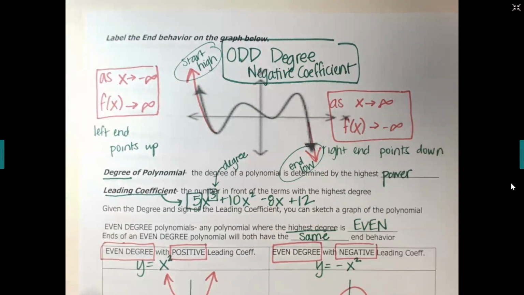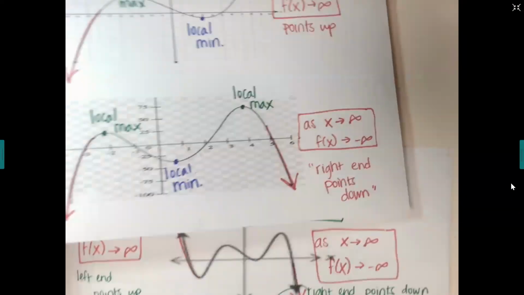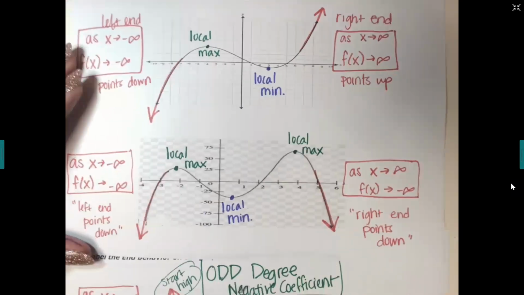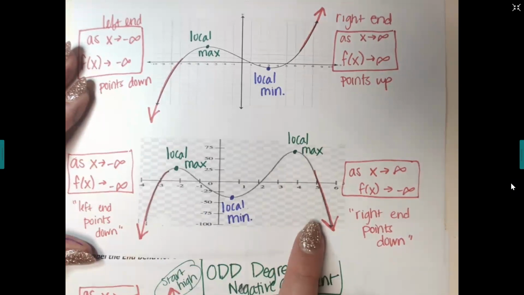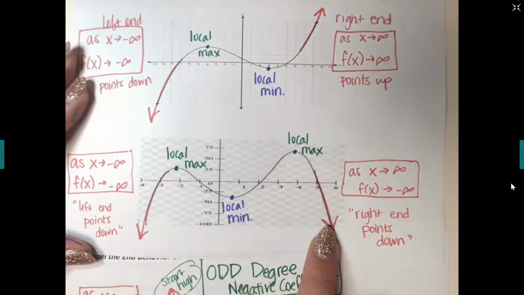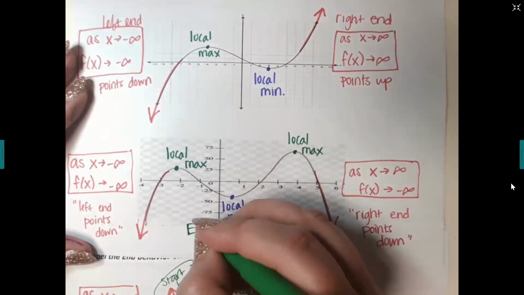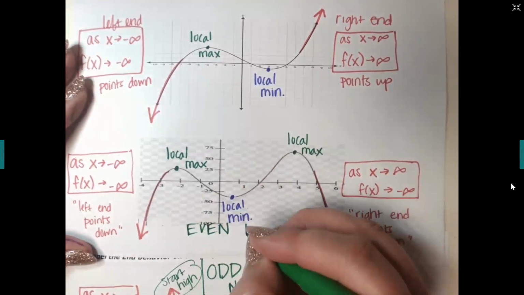Okay, let's go back one page. Take a look at your next graph. We're just going to keep going backwards. So your next graph would be right here. You'll notice that on this one, both ends are pointed down. And any time that your ends stick together, that's going to be an even degree.